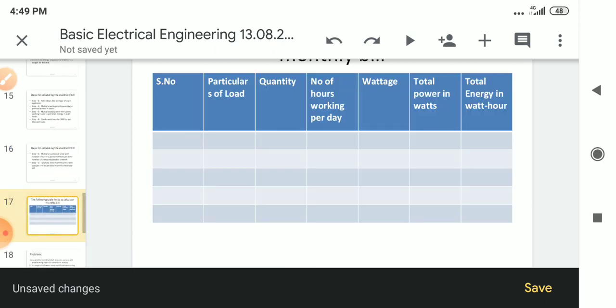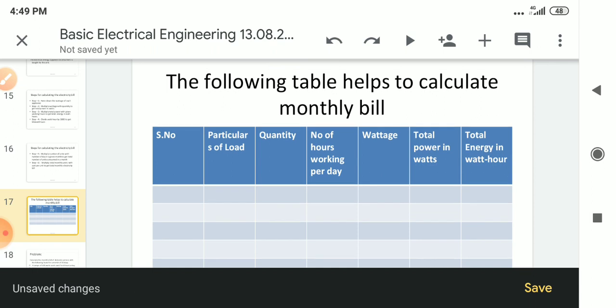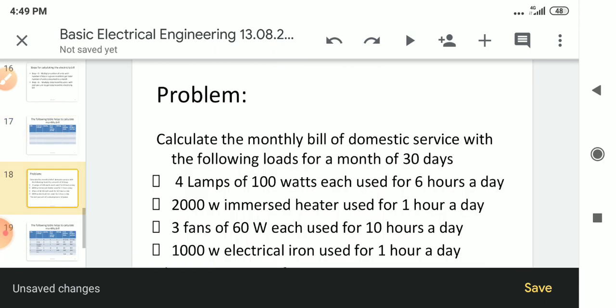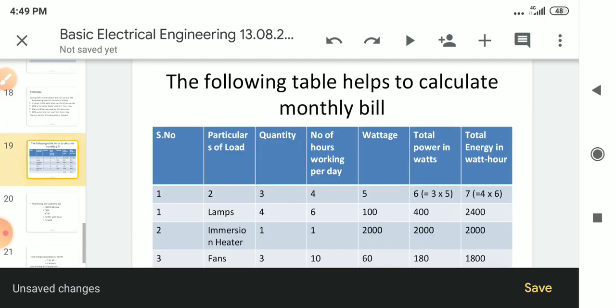This is the table which helps to calculate the monthly bill. After that, we observed a numerical problem on the above concept, that is, how to calculate the electricity bill.